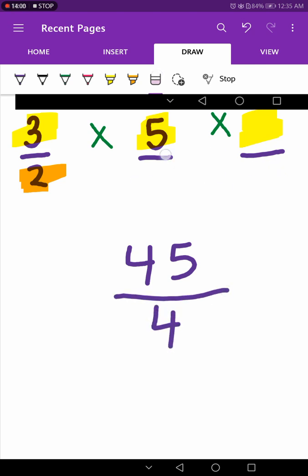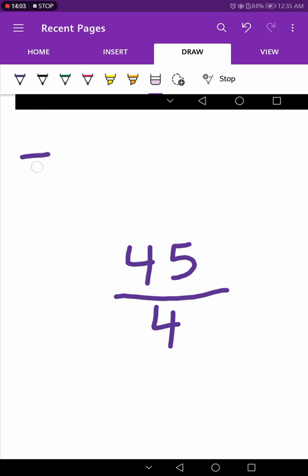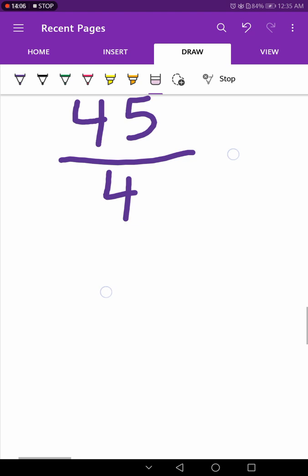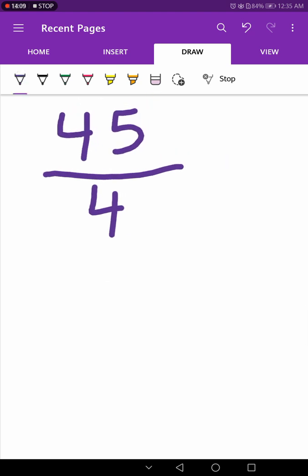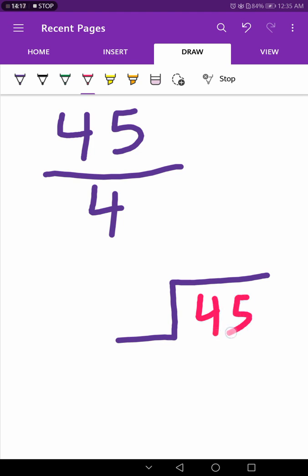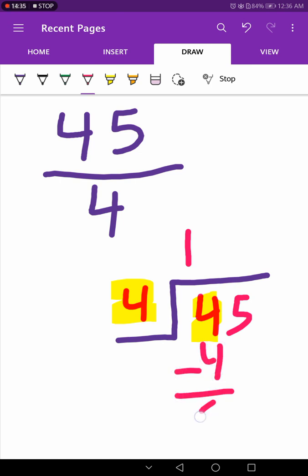So erase everything here and concentrate on this improper fraction. You are very good at converting the improper fraction into a mixed number. How many 4s in 45? Sorry, how many 4s in 4? It is only 1. Subtract them, 0, 5. Now how many 4s in 5? It is 1.